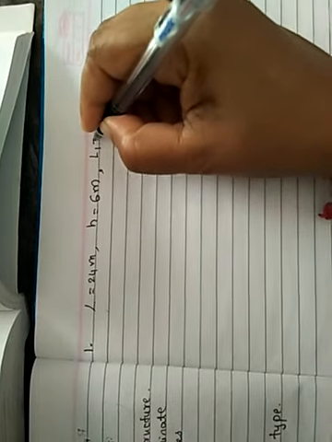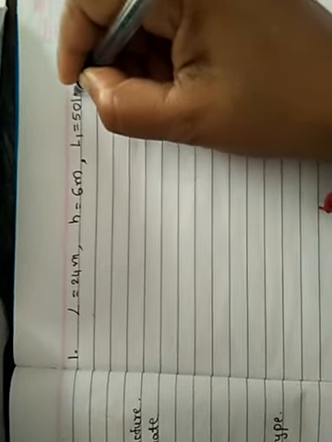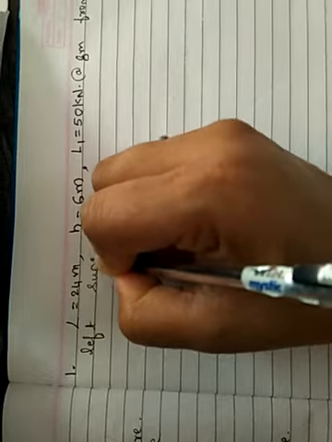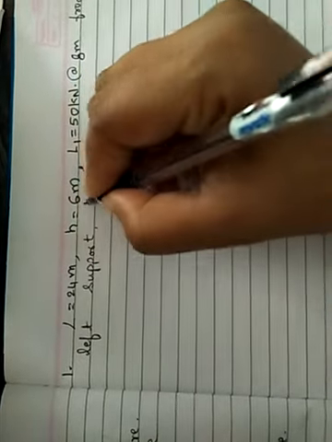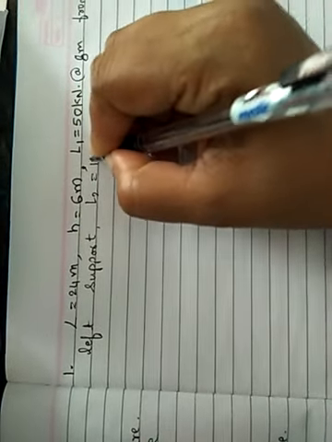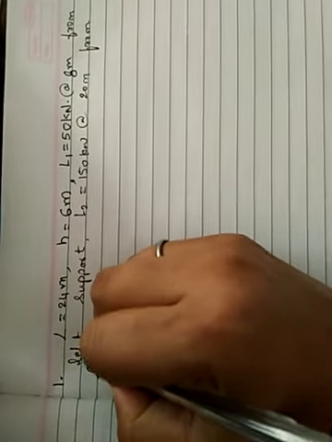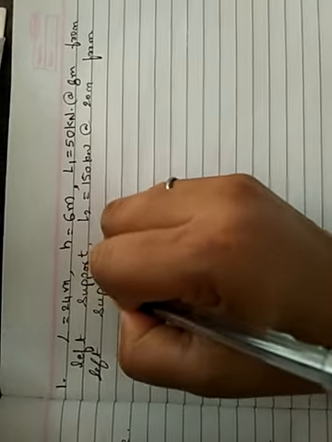Let us take W1 equal to 50 kilonewton, acting at a distance of 8 meter from the left support. And there is one more load acting on this, W2, 150 kilonewton, at 20 meter from the left support.